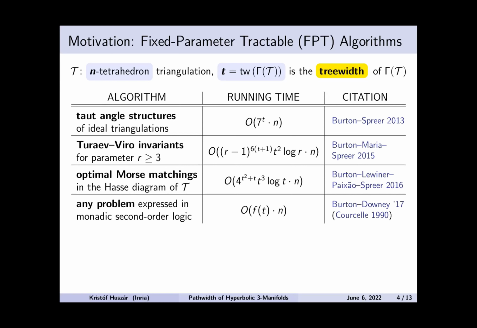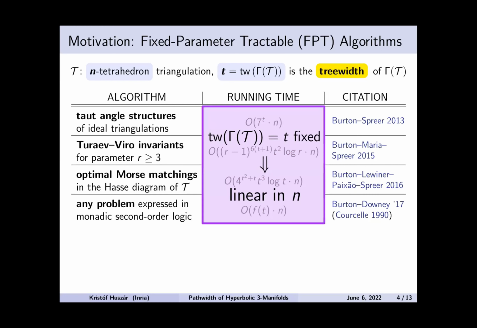At this point, I would like to draw your attention to the central column of this table and observe that the size of the triangulation always appears as a linear factor, and all the ugliness is hidden in the other factors.